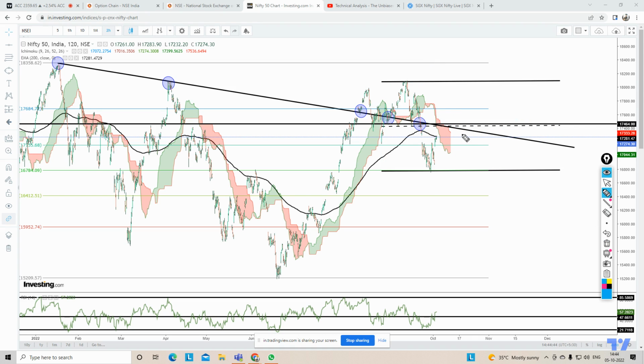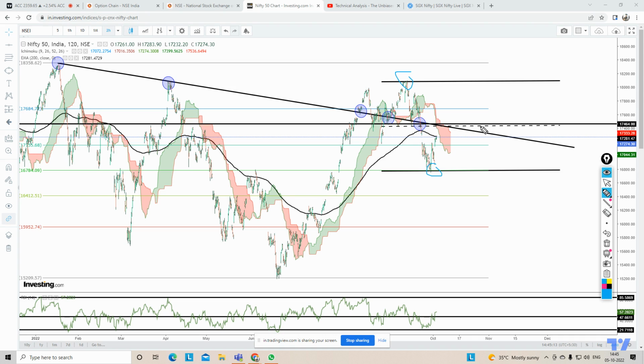Until and unless the price is sustaining above the 50% of this area, taking the support, bouncing back and closing above the 50%, those are the areas or the days where to go long with a clear cut stop loss, right? We know the trend shift. So this 50% of this top and bottom will be treated as an important range shift.